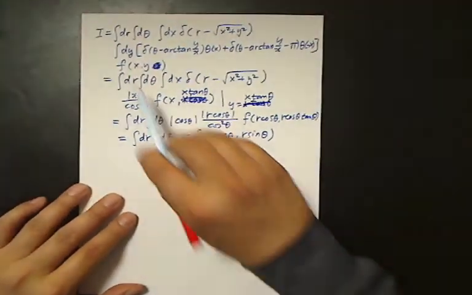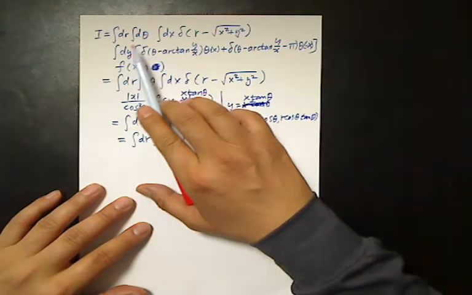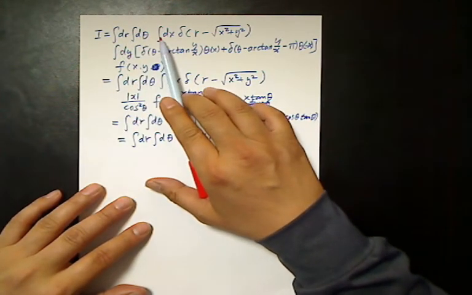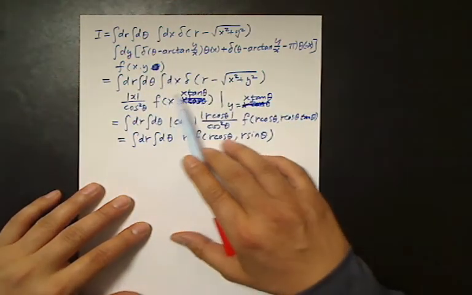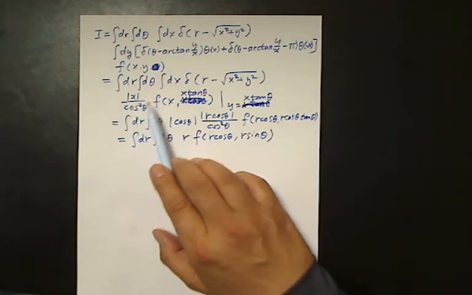As a result, the integral over Cartesian coordinates is replaced with this integral over r and theta. So x integration or y integration can be carried out, and the previous result was like that.